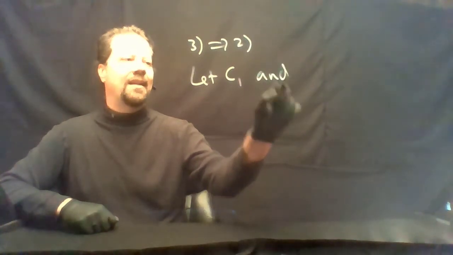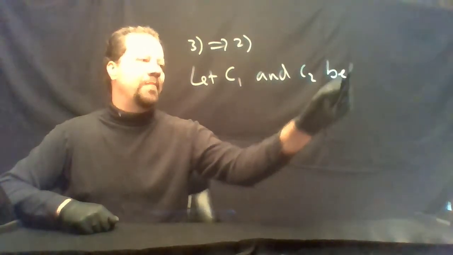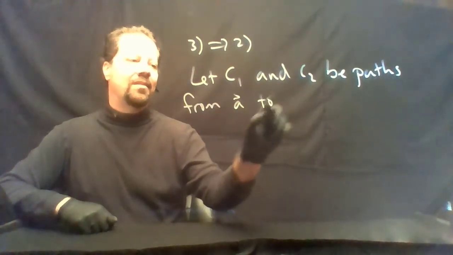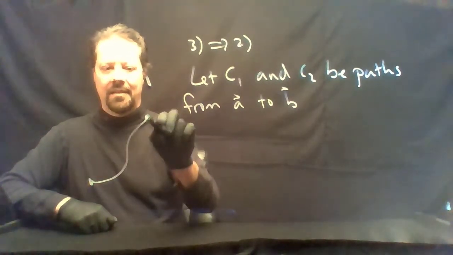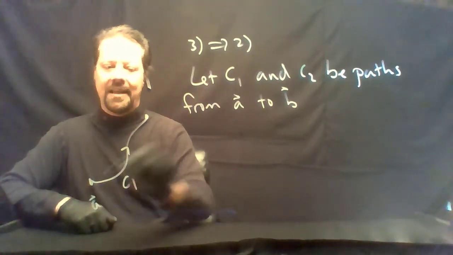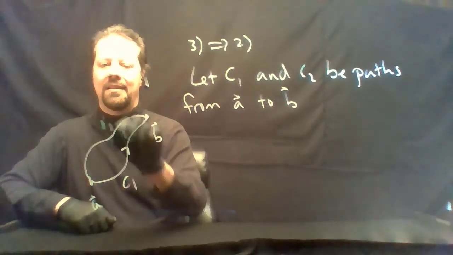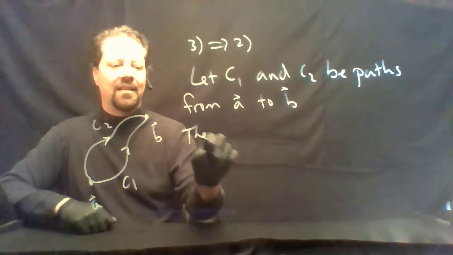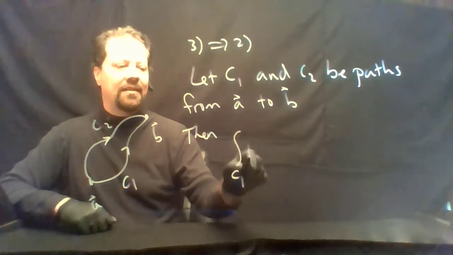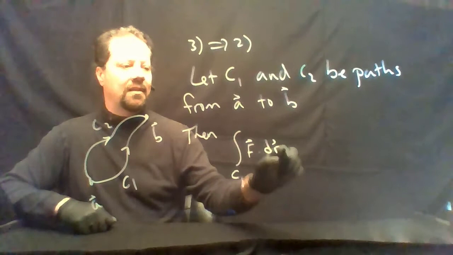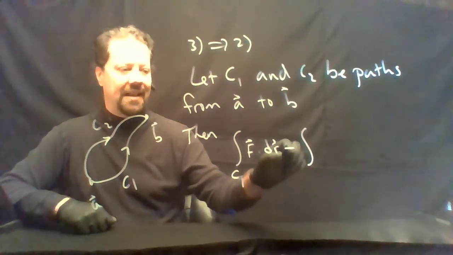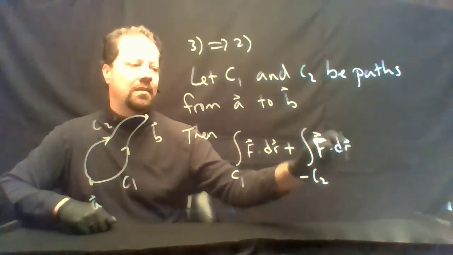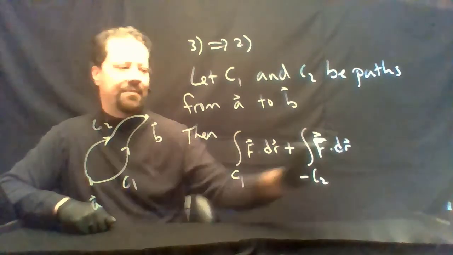Let C1 and C2 be paths from A to B. So C1 goes from A to B, and C2 also goes from A to B. Then, if we integrate on C1 and add the integral on minus C2, that forms a closed loop, so you must get 0.